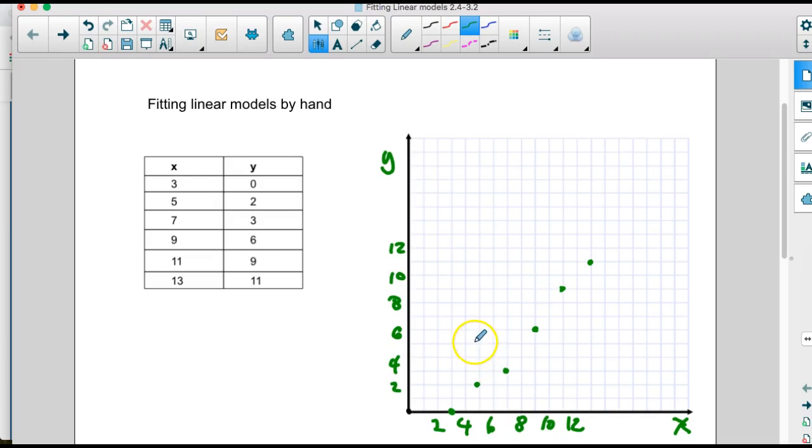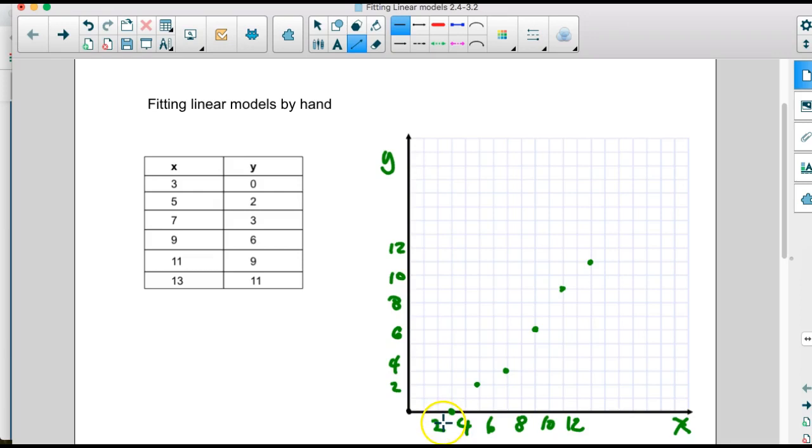It means that there could be a line that fits this data. It's not going to fit exactly, but we can use it to predict some data points, either in the future or not. So what we would want to do is draw a line that we think fits best in this data set.